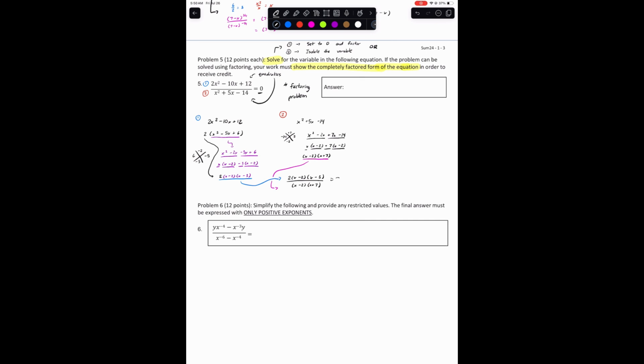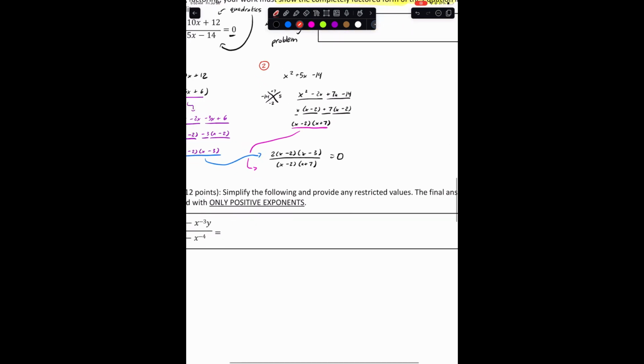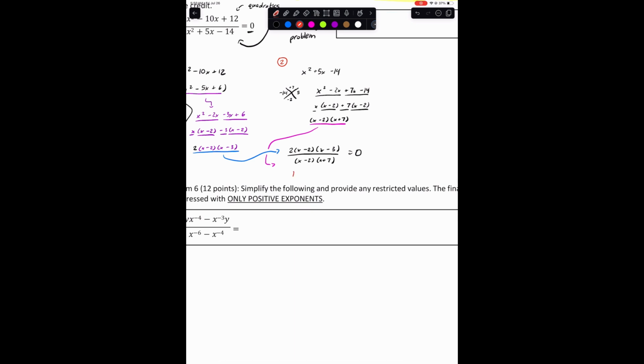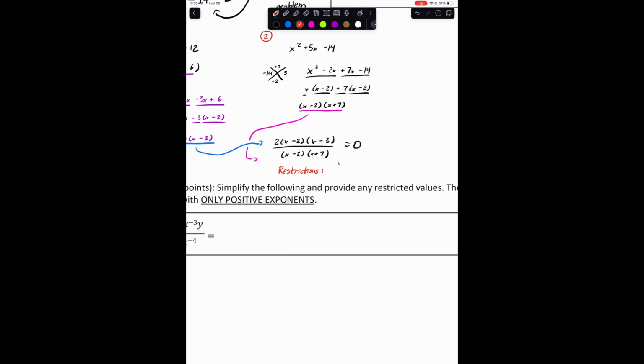Now first thing first, I need to look at restrictions. My restrictions are any x value where the denominator is 0. So that means x minus 2 equals 0 and x plus 7 equals 0.